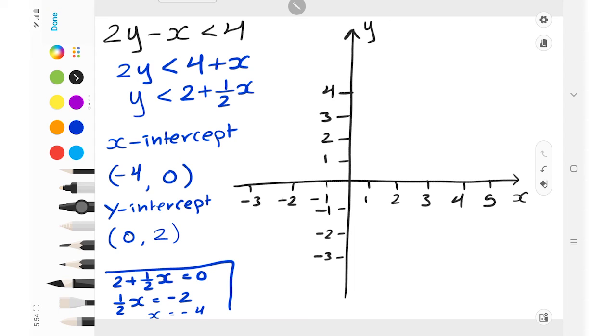Okay, now I have -4. For the x, I want -4. Okay, here is -4 and 0, and I want 0 and 2.